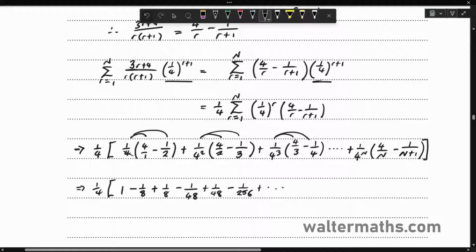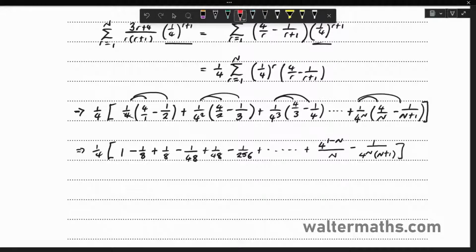So it goes on and on until we come here, which is actually 4 to the power minus n, so it's 4 to the power of 1 minus n over n, and multiplying this 2, that's going to be minus 1 over 4 to the n of n plus 1.